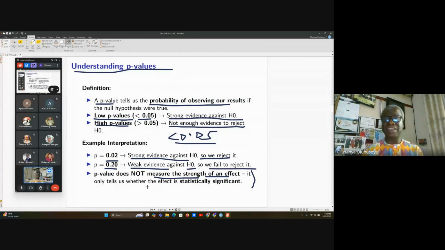Remember, statistical significance occurs when you reject your null hypothesis, so when you have strong evidence against it. Not statistically significant occurs when you fail to reject the null hypothesis.